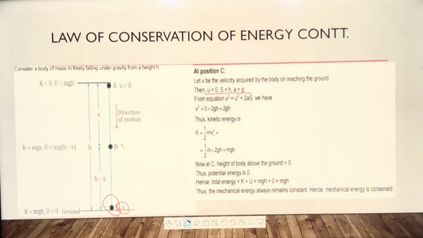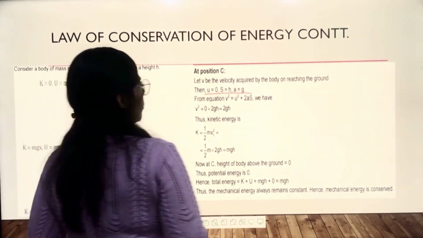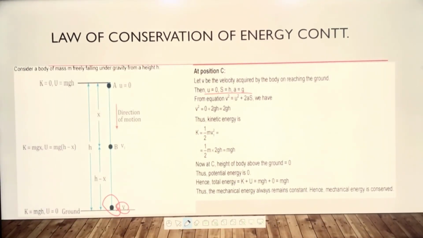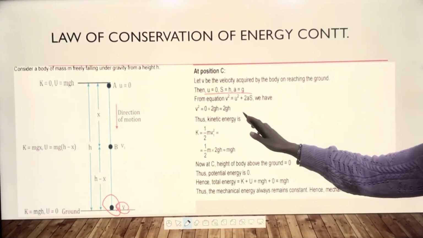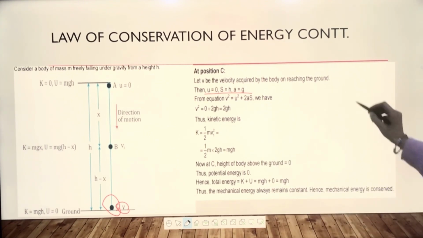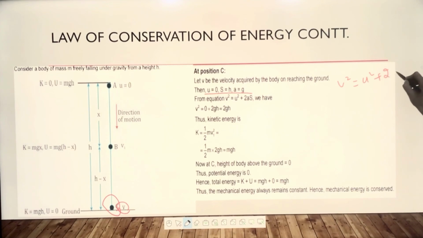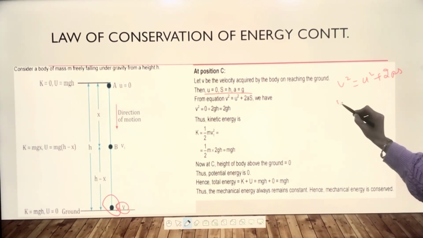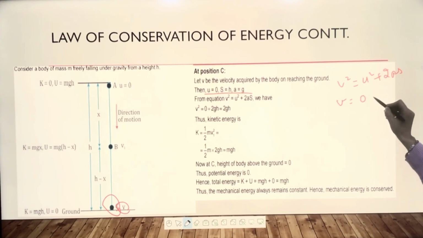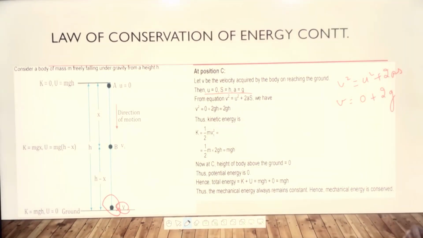Now we need to calculate the total energy, and before that, similarly, we will take Newton's third equation of motion, that is v square minus u square is equal to 2as. What will be the value of v square? Simple v we will take. Initial velocity was 0, plus 2, and here acceleration due to gravity we will take.